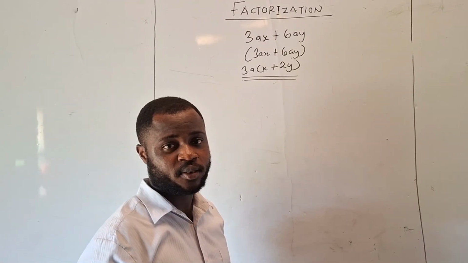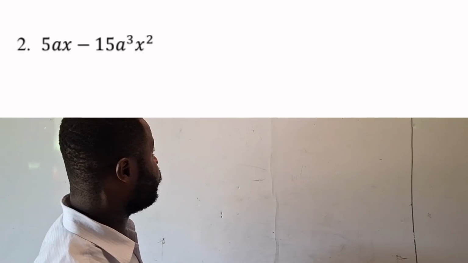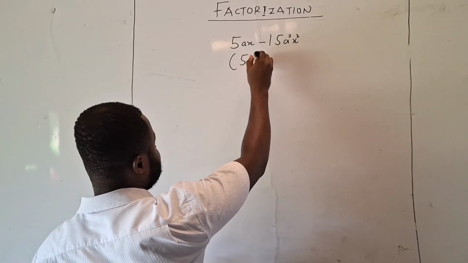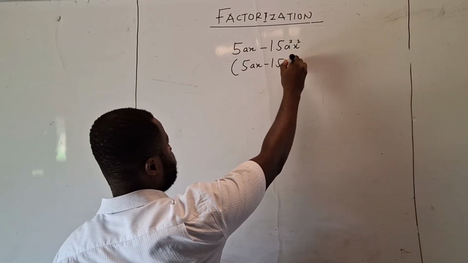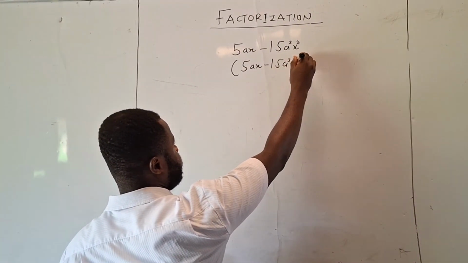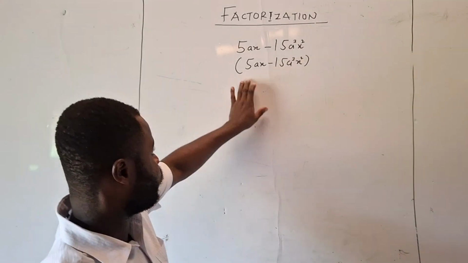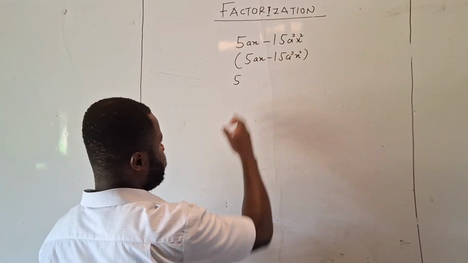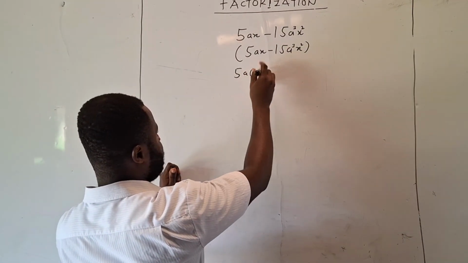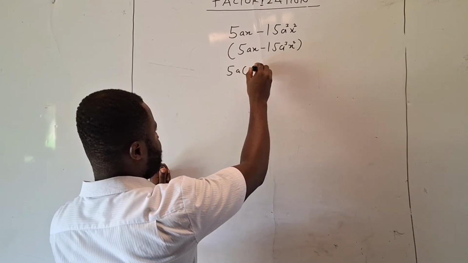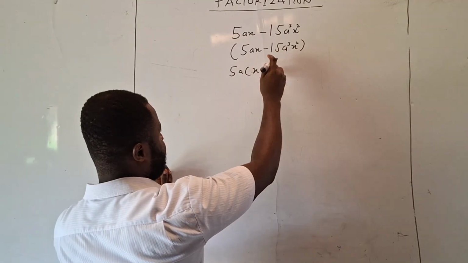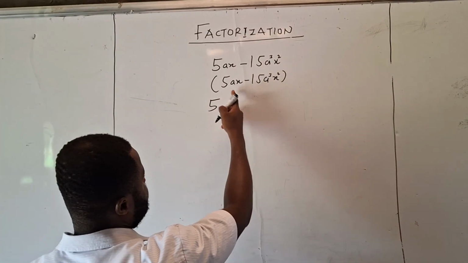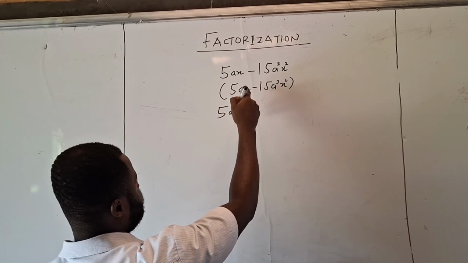Let's take another one. Factorize 5ax minus 15a cubed x squared. Putting our expression in a bracket, the highest common factor for 5 and 15 is going to be 5 itself. The letter a is out, then here we are left with x. Now 5 will go into 15, 3, minus, so 5 is out, then a is out.